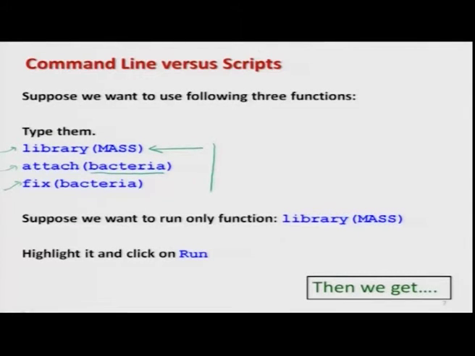So, now suppose I have typed these 3 commands on the R Script window or inside the RStudio. What I have to do? Suppose I want to execute only one command, library(MASS).